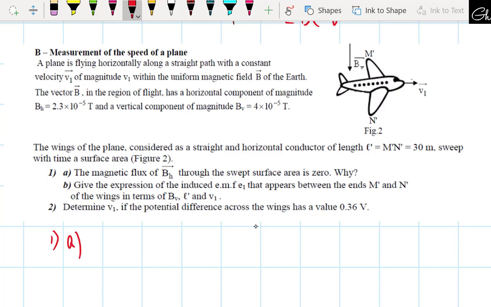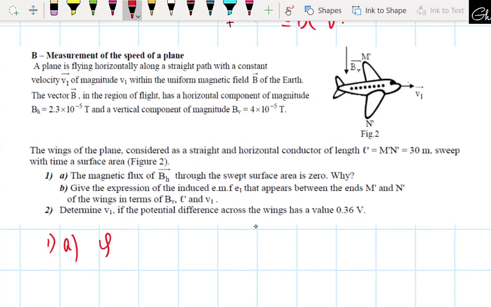Why? Let's first of all write the formula. So the flux will be equal to N multiplied by B multiplied by S, or directly we can jump to the last shape. N will be 1, we have one loop. B will be the magnetic field multiplied by the area, and finally cosine the angle between them.